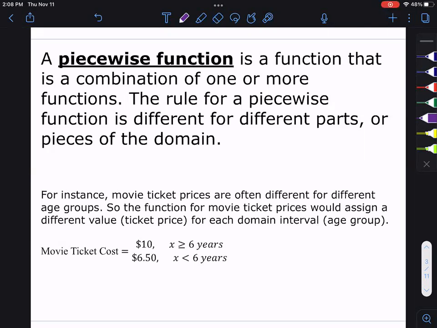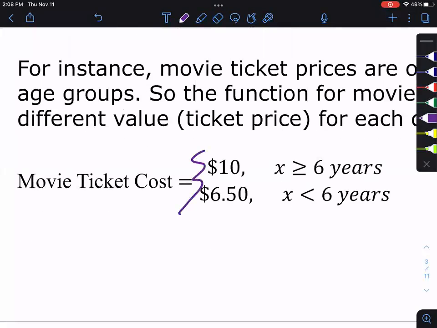So here at the bottom, we have our piecewise function. This top portion means that the cost is $10 when the age is greater than or equal to 6 years.